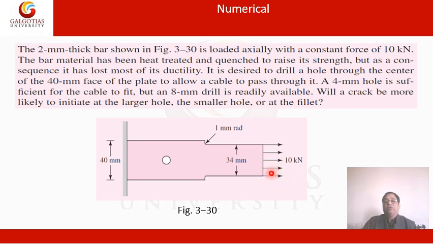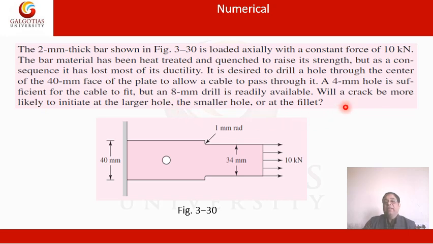It is desired to drill a hole through the center of the 40 mm face of the plate, to allow a cable to pass through it. So the customer wants to pass the cable through this hole in the plate. A 4 mm hole is sufficient for the cable to fit in, but an 8 mm drill is readily available.